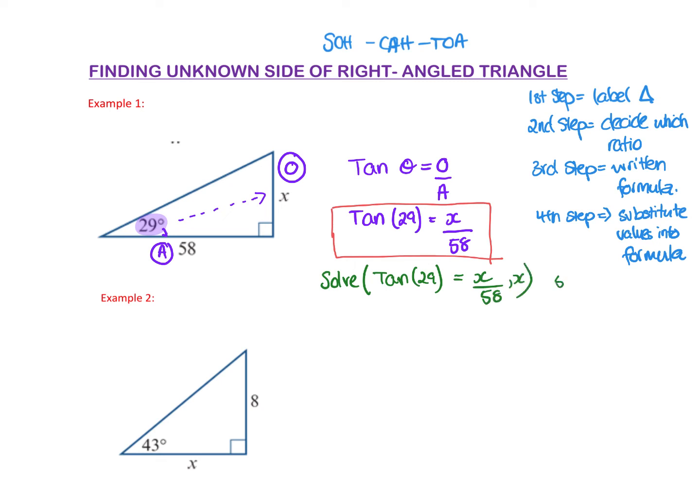The fifth step over here is to use the calculator, and we're going to end up finding what x equals. I'm going to pause it there and do it on our calc. Okay, so we got x to equal 32, and we'll box our answer. We've now finished that and solved what x was equal to.